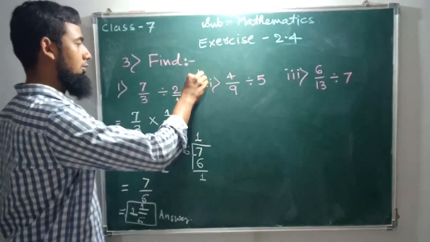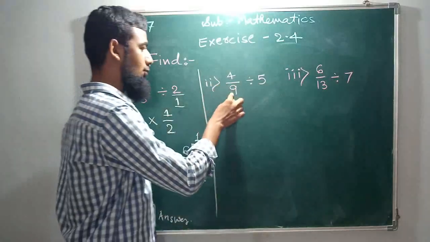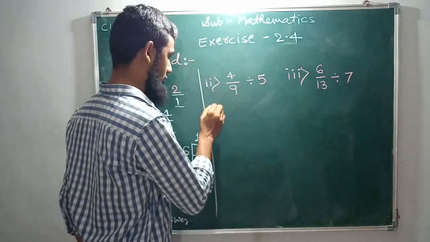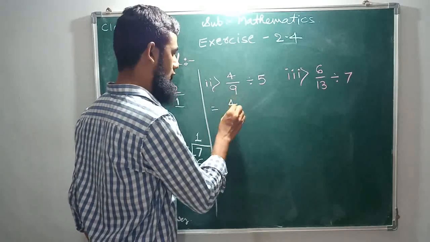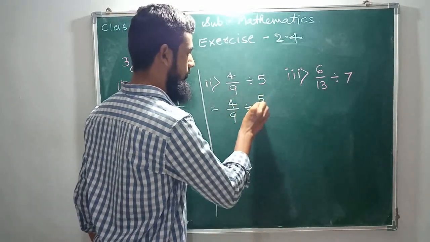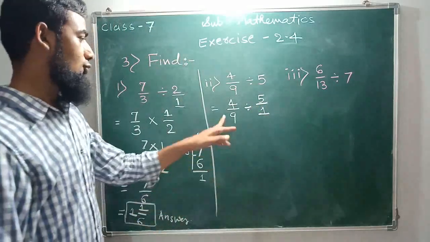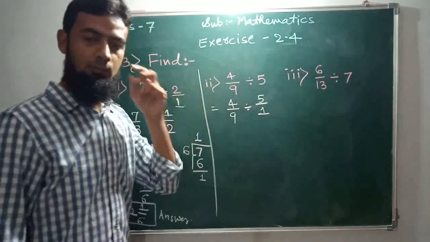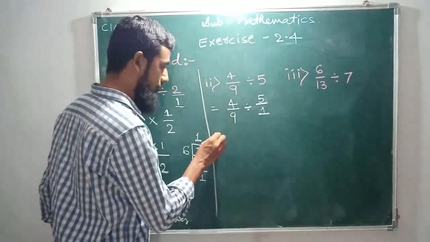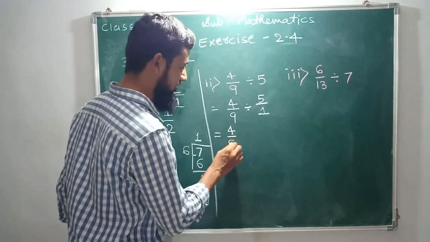Understood? Now second question, 4 upon 9 divided by 5. So can I write, beta, 4 upon 9 divided by 5 upon 1? Understood? Now we will convert the division symbol into multiplication symbol.